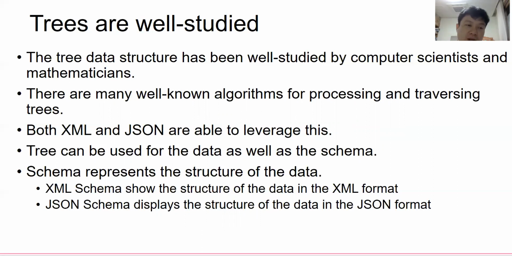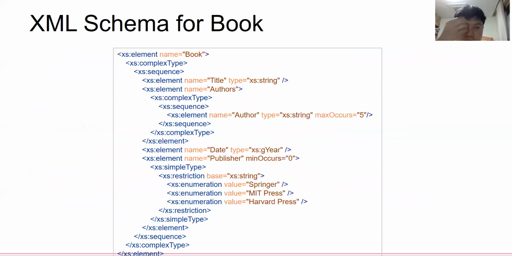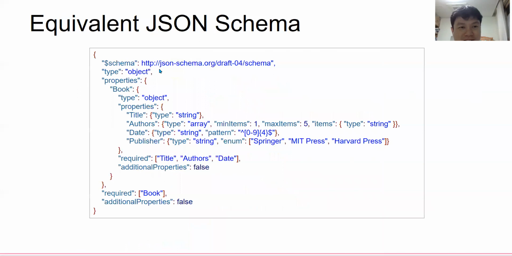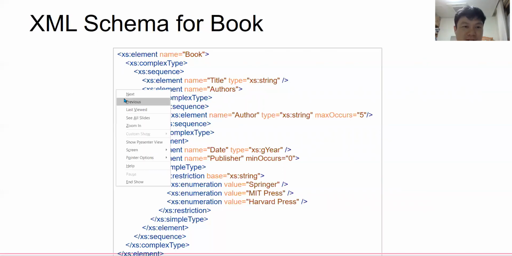So the XML schema represents the structure of the data for XML, and the JSON schema is also the structure for the JSON data. For example, in the schema for book, you may have difficulties understanding all these things. So let's say this one.